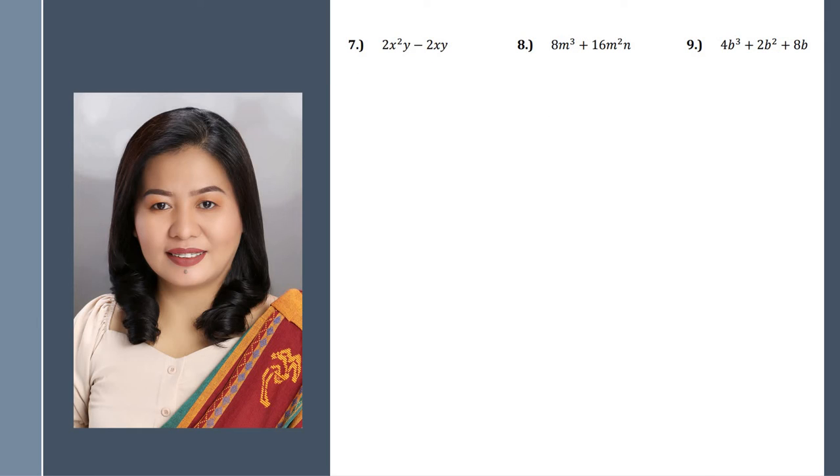Okay, number 7. So the given is 2x squared y minus 2xy. So look at the numerical coefficient. We have 2 and 2, so that would be common. For the x, the least exponent is 1, so that would be x. And we have y in both terms, so we will include y as the common factor.